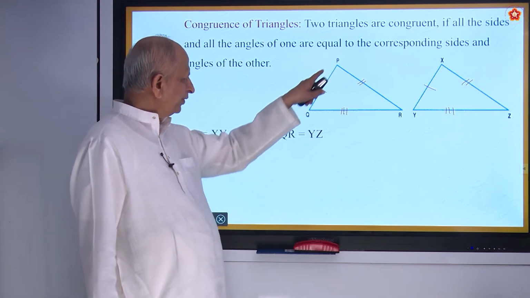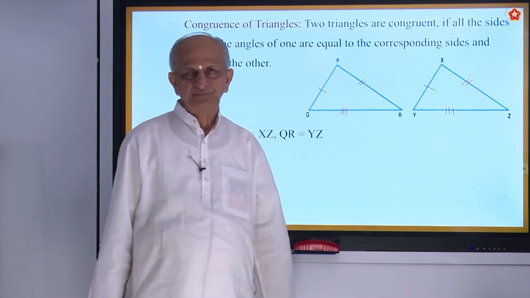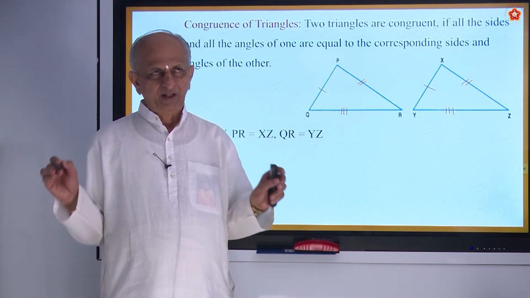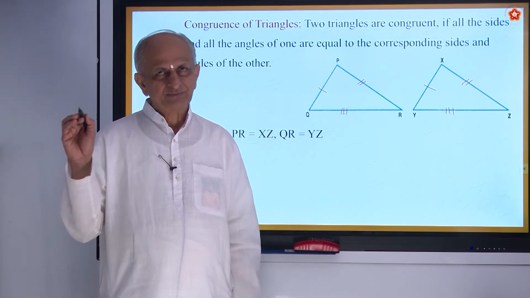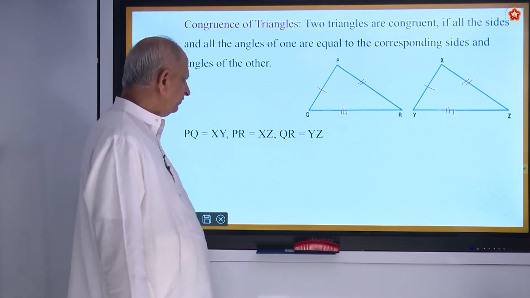Then the two triangles are said to be congruent. Means, suppose you keep this triangle PQR on XYZ, it will resemble each other, or they will form the same type, no?